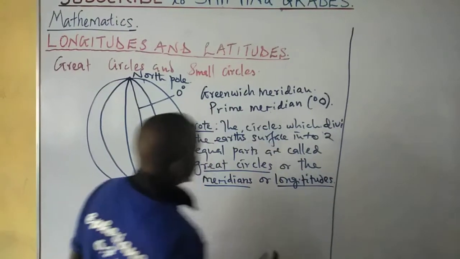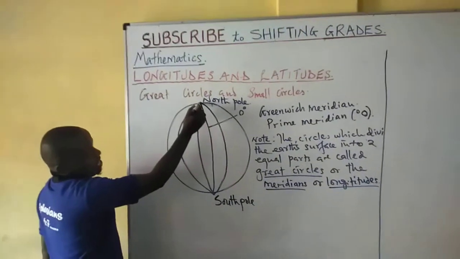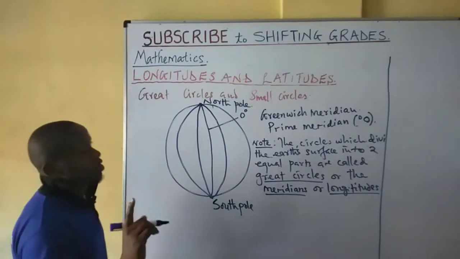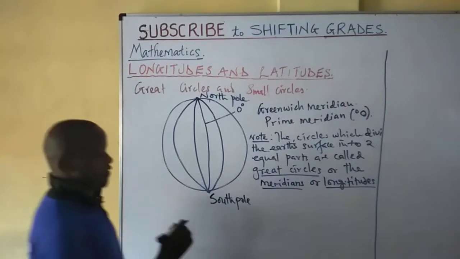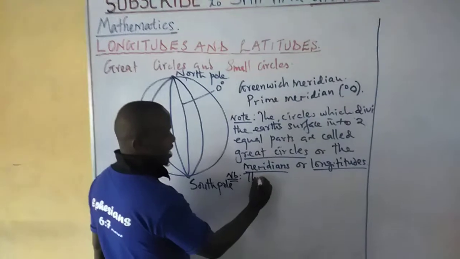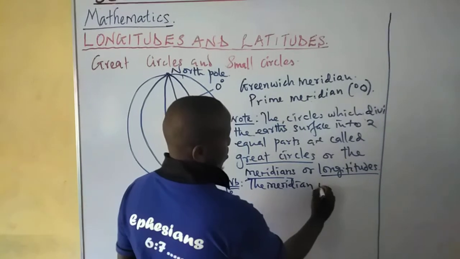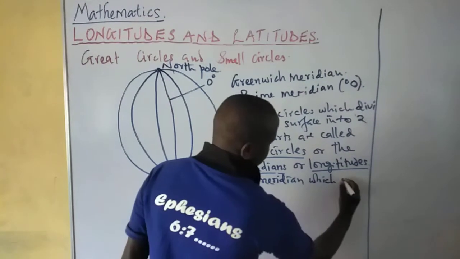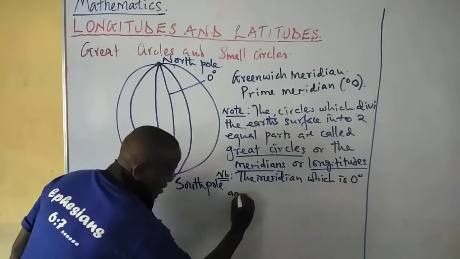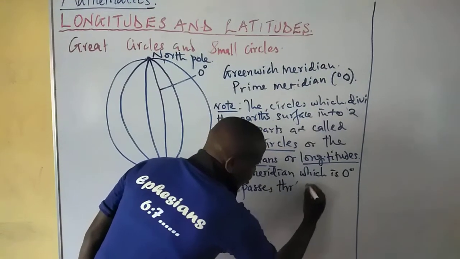They are longitudes. Then it is also important to notice that there is this meridian which is 0 degrees, and that is the reference point for all other meridians. And therefore we are saying, NB again, the meridian or the longitude which is 0 degrees and passes through Greenwich.